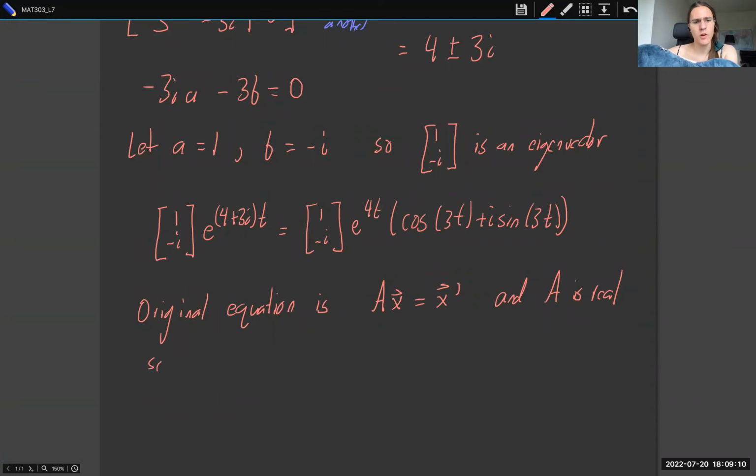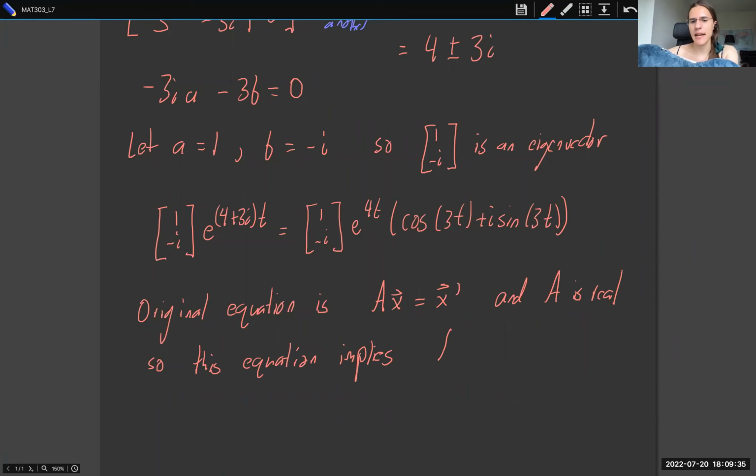So if this equation is satisfied, and we take the real and the imaginary part of the equation, well, A is entirely linear, and it's real, so it just commutes with the real part operator.